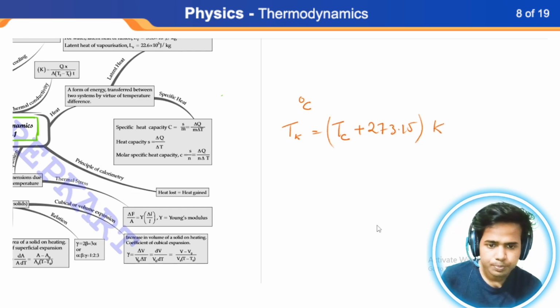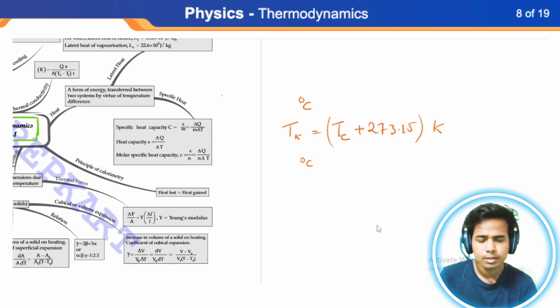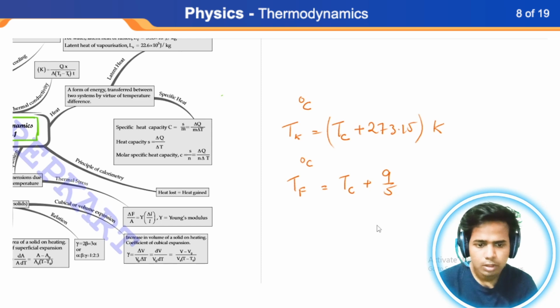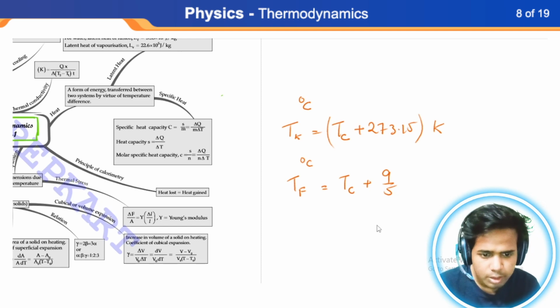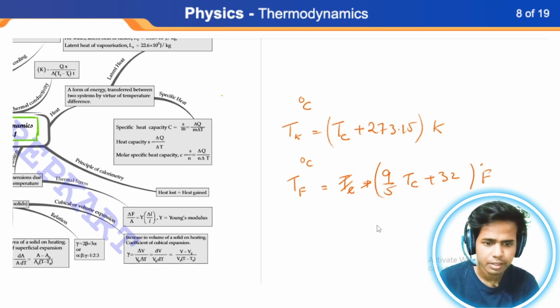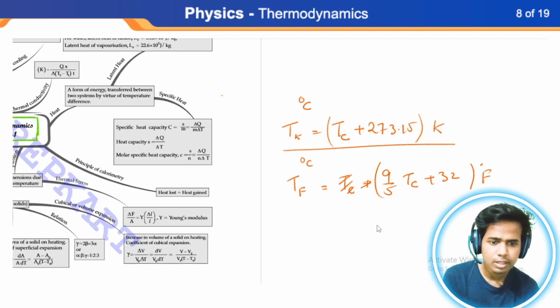In the same manner, if you have been given the temperature in degree Celsius, then temperature in Fahrenheit will be equal to 9 by 5 into temperature in Celsius plus 32 degree Fahrenheit. So these are the two conversions which you must remember.